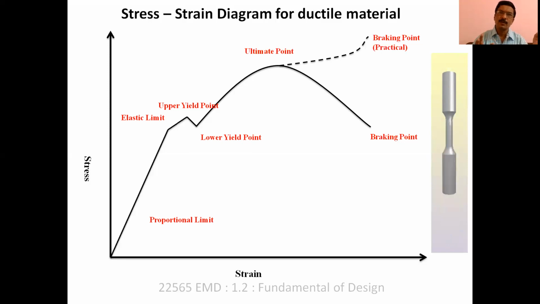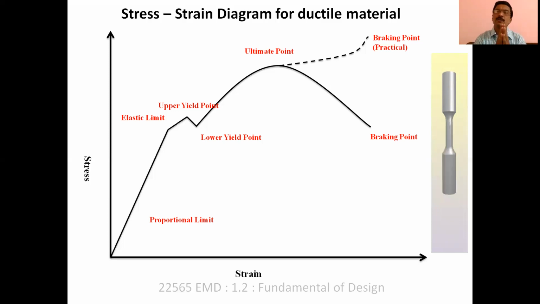Practically, there is a breaking point which is higher than the ultimate point, but if you just look at the figure, you will find that there is a neck formation, there is a reduction in area. Because of the reduction in area, the area becomes lesser and lesser, and as F divided by A is the stress and A is going to reduce, that's why practically the breaking point is above the ultimate point.